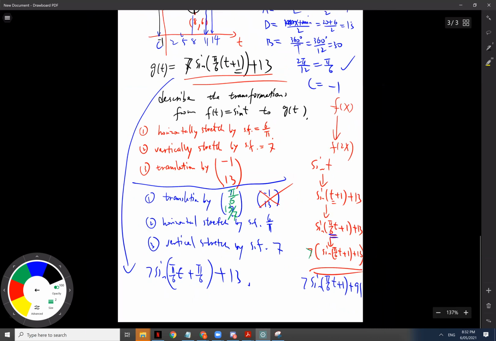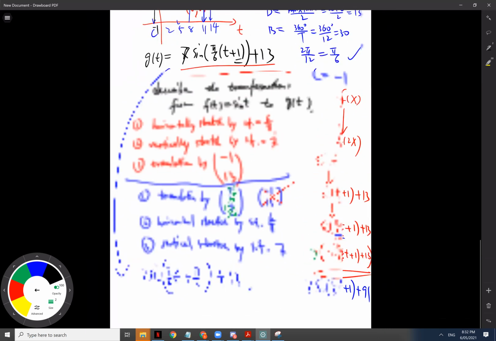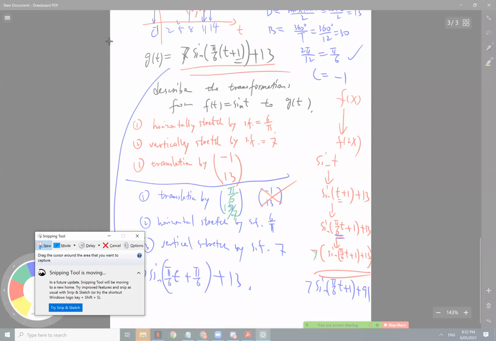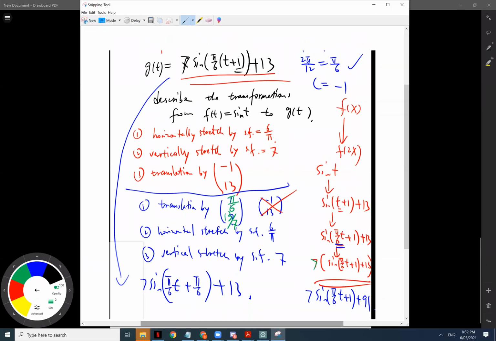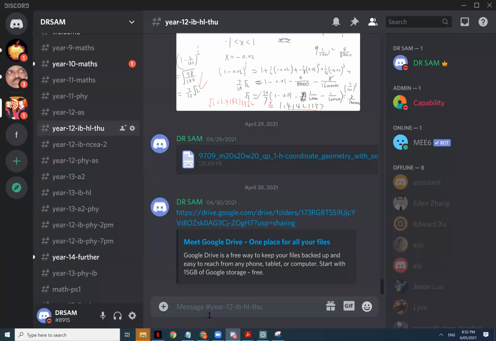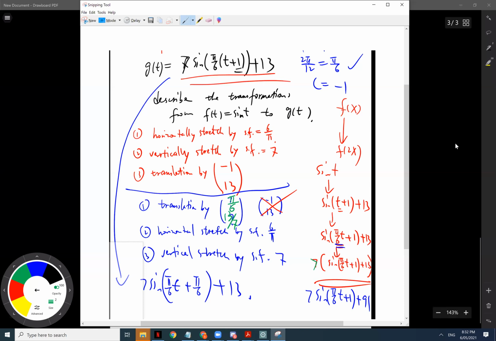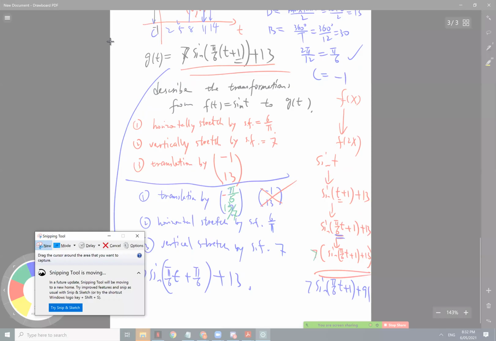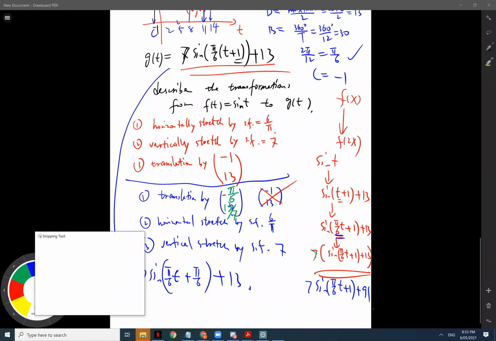This page is very important. Oh, negative. This is negative pi over 6. Negative pi over 6. Plus, so you move to the left.